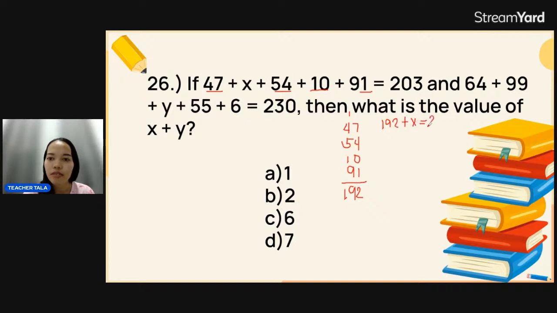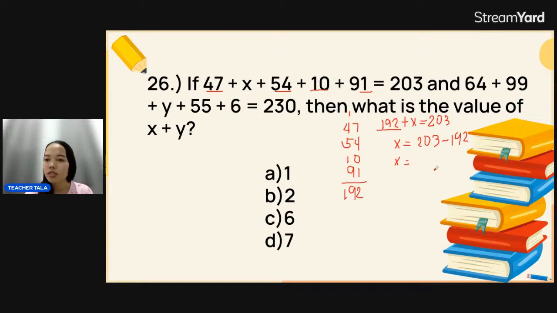While I am solving here, magsasolve din po kayo dyan. Okay? Stay lang si x sa left. Tapos si 192, ita-transfer natin. Kapag magta-transfer ka ng number sa other side, magiging opposite yung sign niya. So from positive, magiging negative si 192. So magiging x is equal to 203 minus 192.